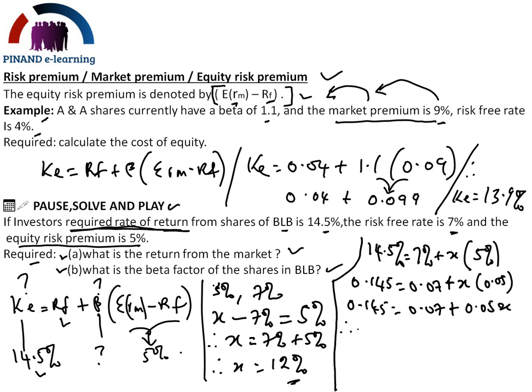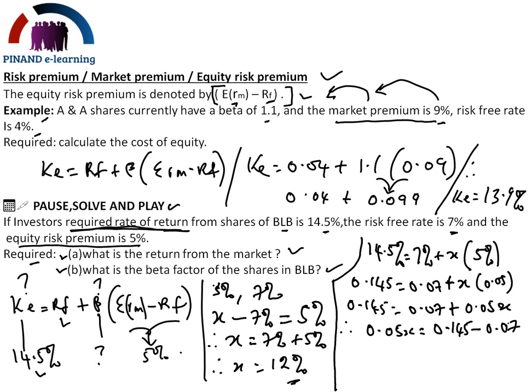Therefore, 0.05x is equal to 0.145 minus 0.07.